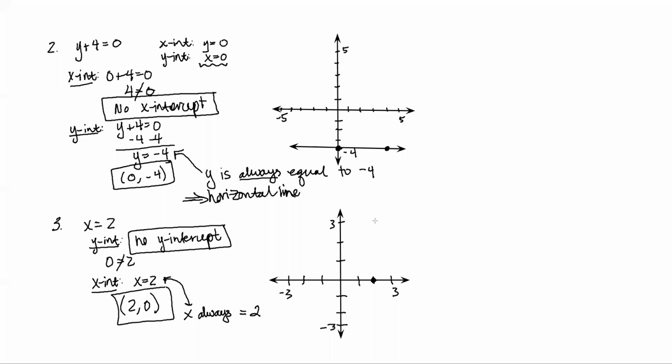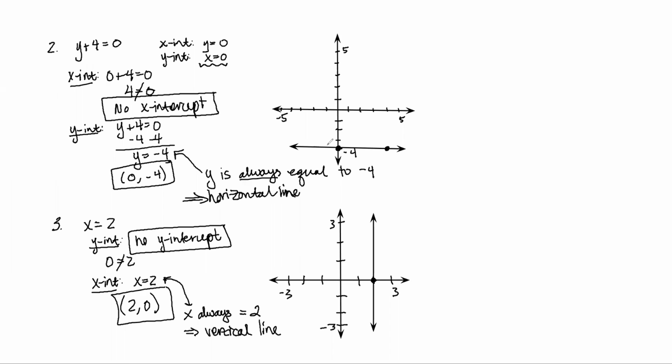So this is going to give us a vertical line through x equals 2. And so these are those two special cases: horizontal line when you only have a y, vertical line when you only have an x. It's kind of the opposite of the axes.